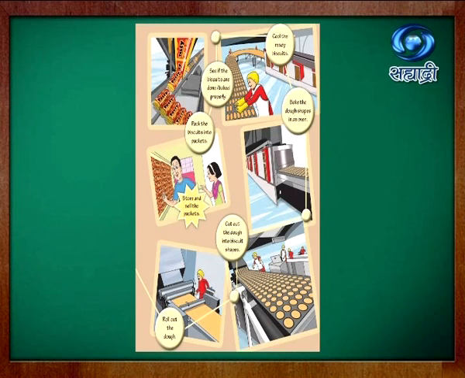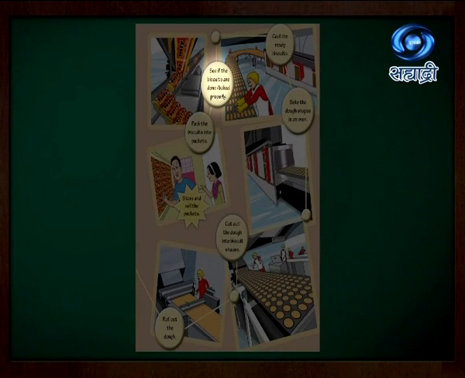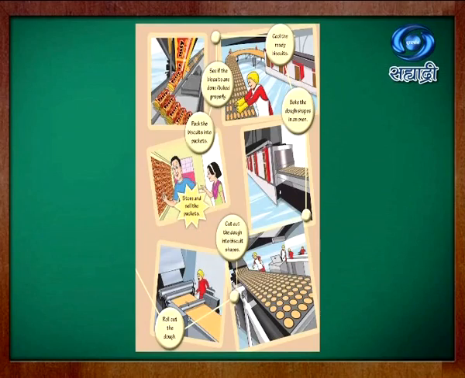Next is see if the biscuits are done or baked properly. After they are cool, we have to check whether they are baked properly. What we do is we check if they are crisp.